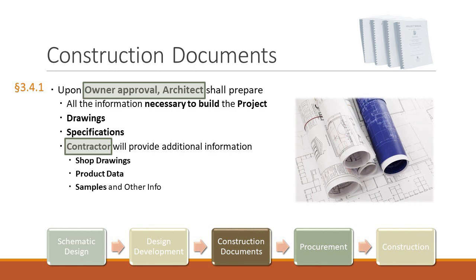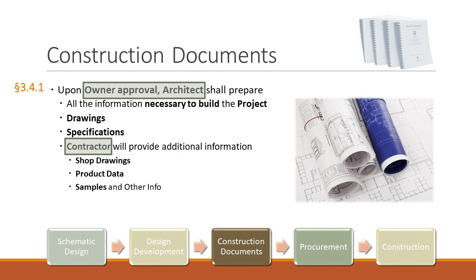So this is where now you understand a little bit more of how a defined term is relevant. Basically, if the drawings that were provided at design development were given to the contractor, he can't build from that. But the drawings and specifications provided to the contractor are something that can be built from.